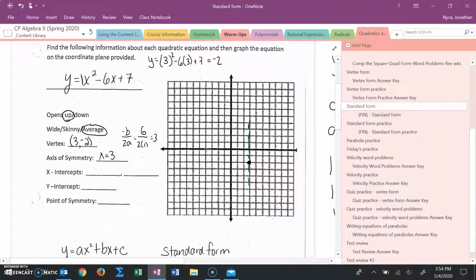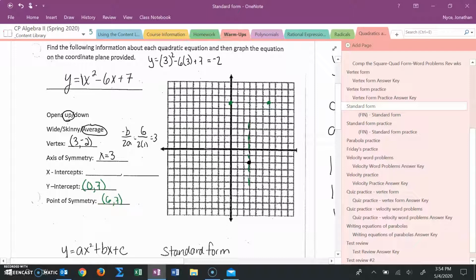The y-intercept we still find by letting x be 0. When x is 0, we find y is 7. The symmetric point we find by counting over from the axis of symmetry to the y-intercept and counting the same number of units in the other direction. That's going to put us at (6, 7).